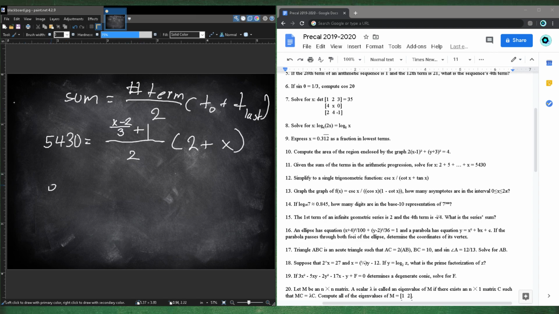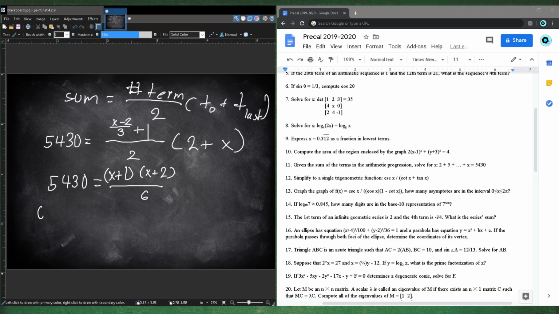Okay, so 5,430 equals, and then x minus 2 plus 3 is x plus 1, in parentheses, and then we're going to multiply this by x plus 2. And remember, this one is divide by 3, right? And then divide by 2, so that's divide by 6 overall.